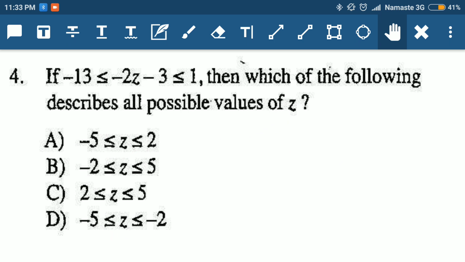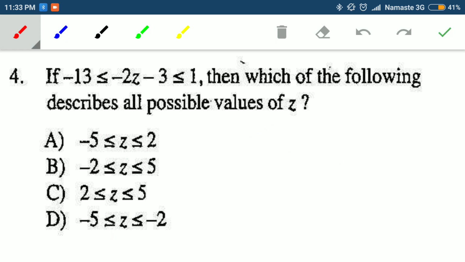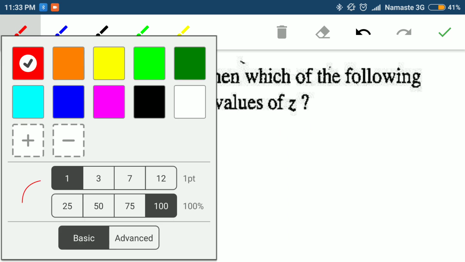If you see the options in this problem, we get z as a value, which means we are simply solving for a single variable, just the value of it. So let's separate only z from this middle side. The first thing we need to carry out is to eliminate the positive and negative signs, addition or subtraction.